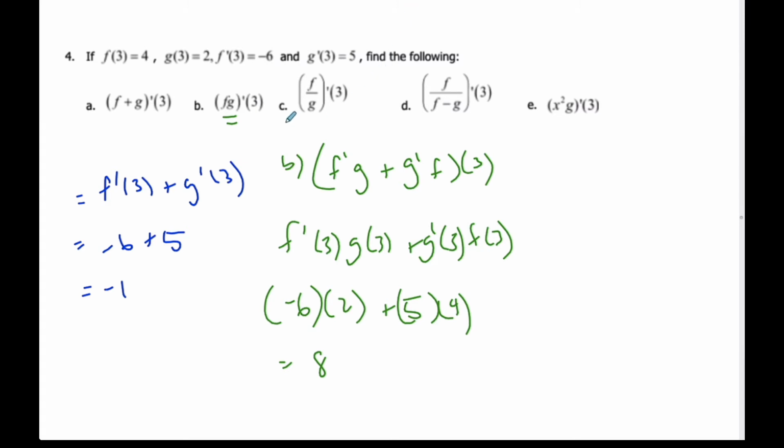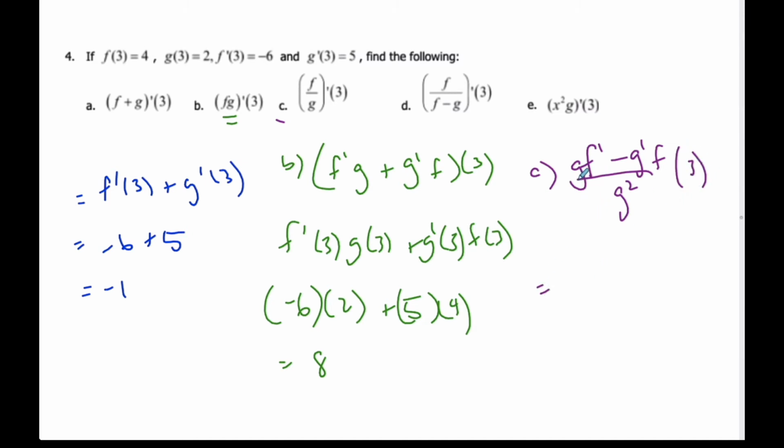Continue along here, we'll do C part. It is very similar in the sense that this is a quotient rule. And so when I do the quotient rule, I do the bottom, I square it, I write it again, and now I do calculus at f prime minus g prime f. All of that is at 3.